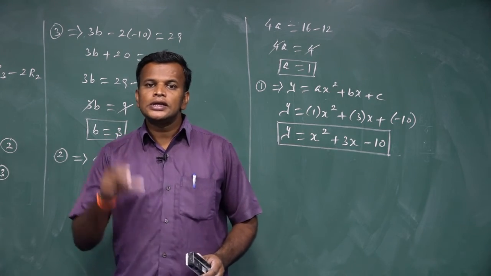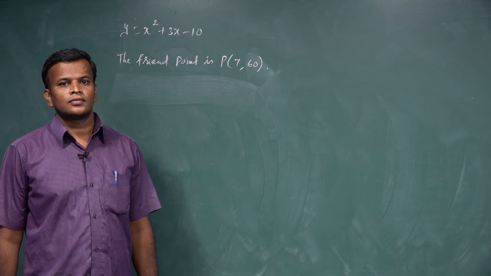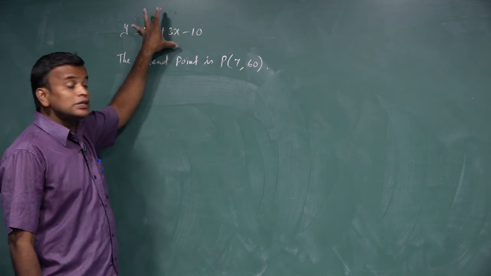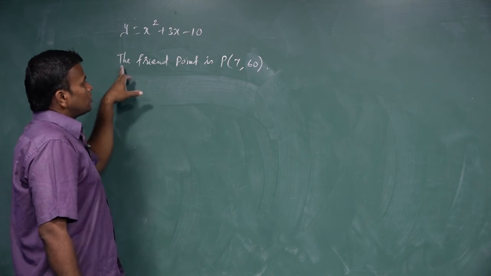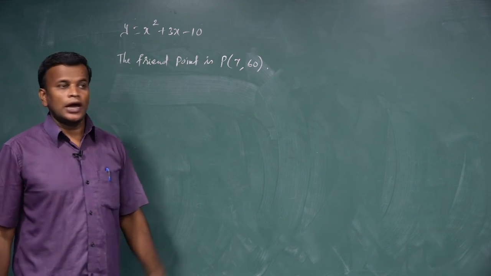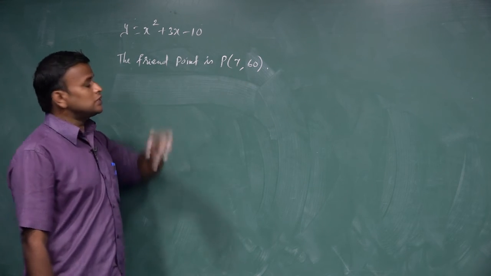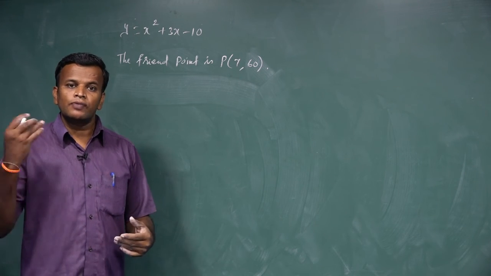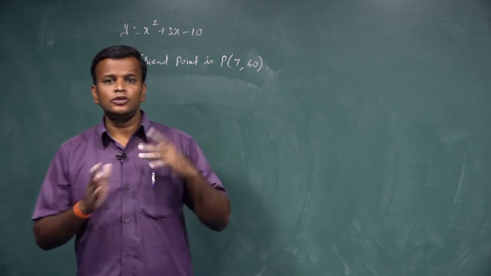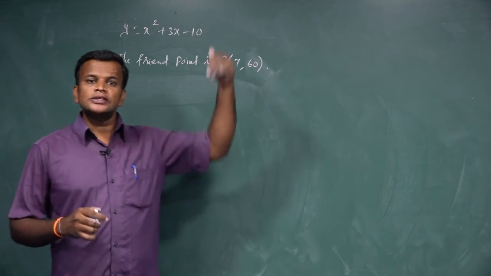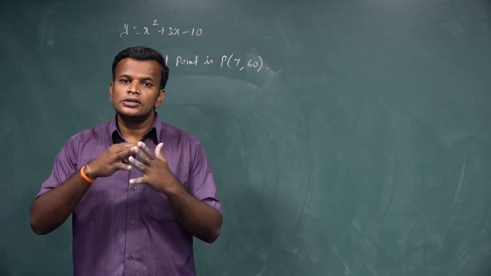Suppose the point does not satisfy this equation: then the friend is going along another path, so both do not meet.